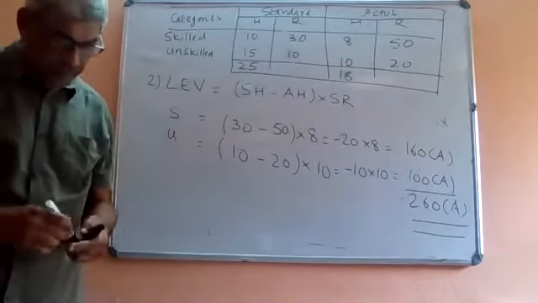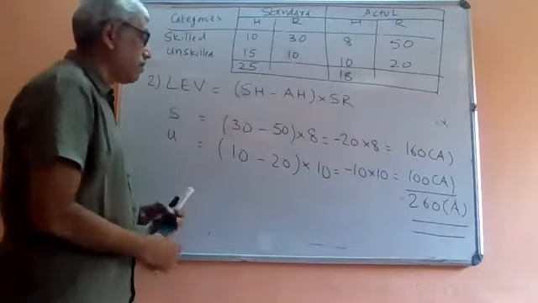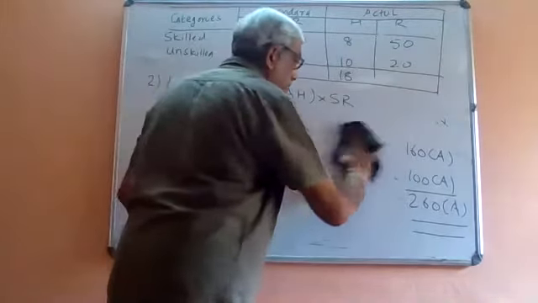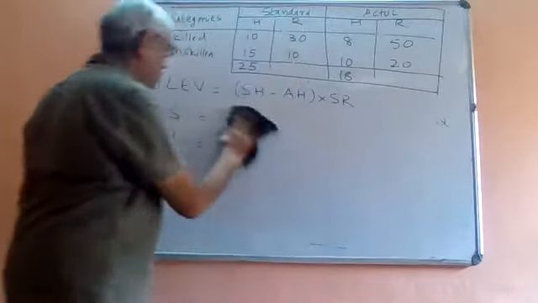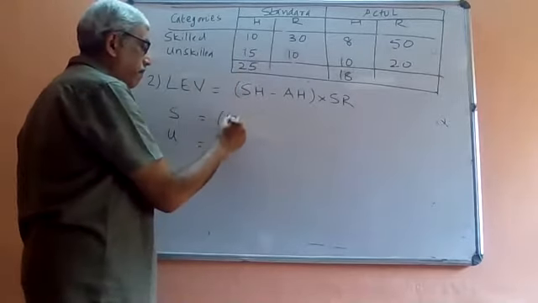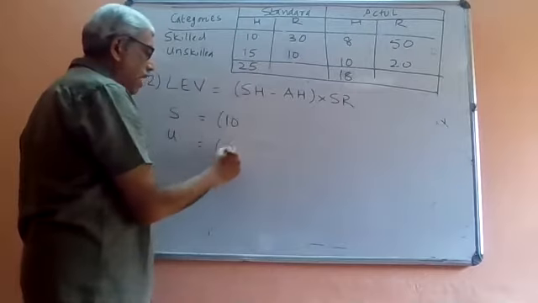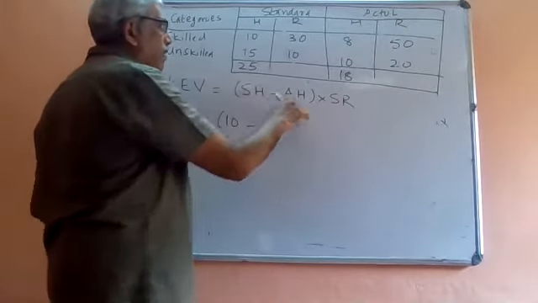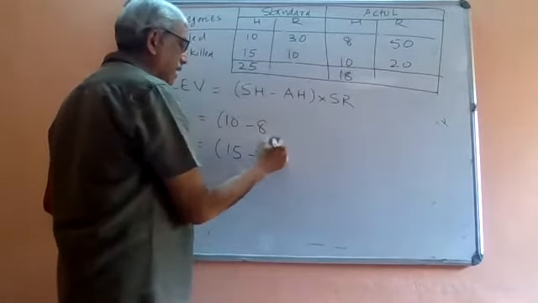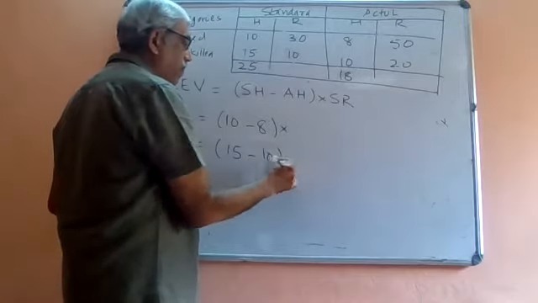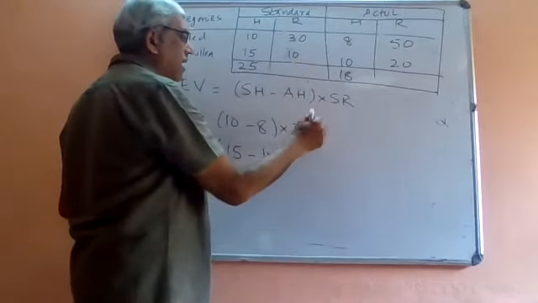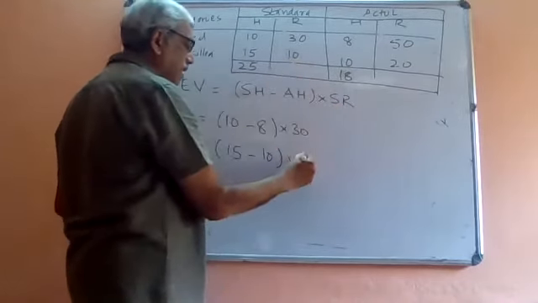So let us calculate for skilled and unskilled labor. Here the standard hour is 10 for skilled and 15 for unskilled. Actual hour for skilled is 8 and for unskilled is 10, into standard rate. Standard rate for skilled is 30 and for unskilled is 10.